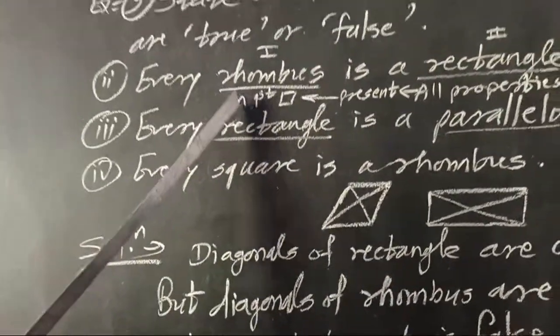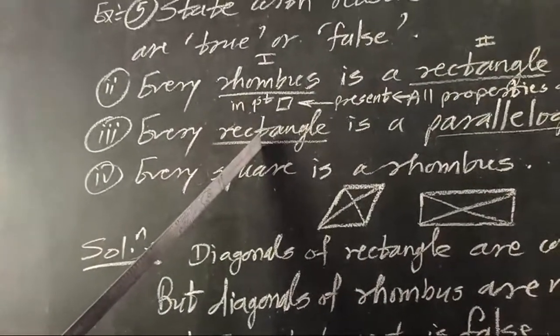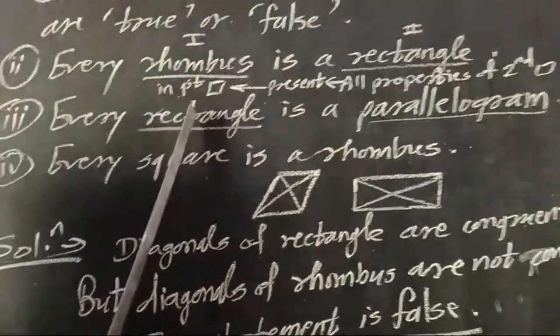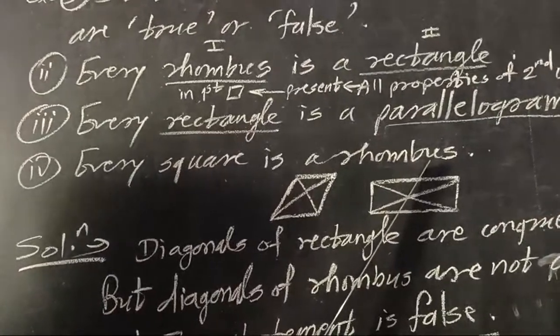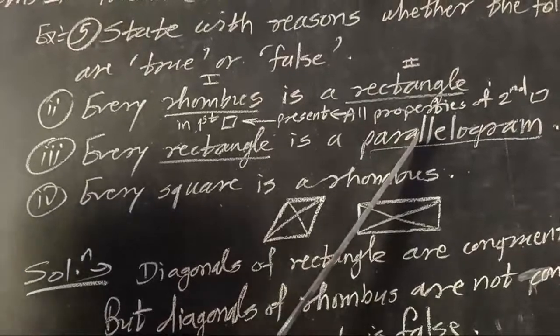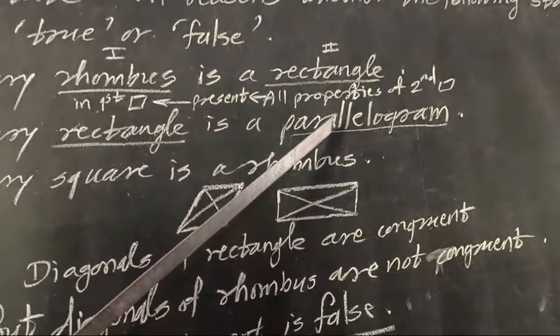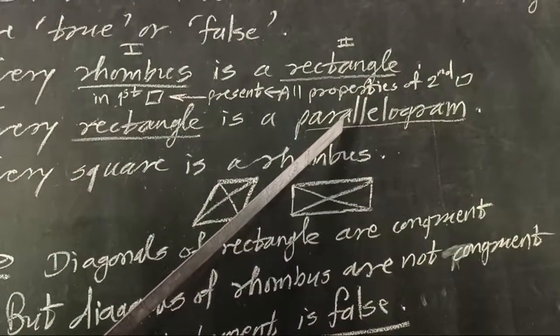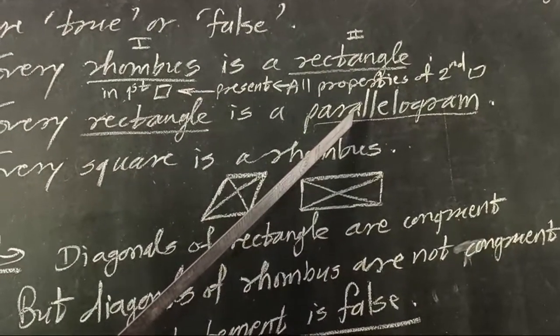Yes, diagonals of rectangle bisect each other. Here also properties satisfy. Next property of parallelogram. Is any property remaining for side, for angle and for diagonal?